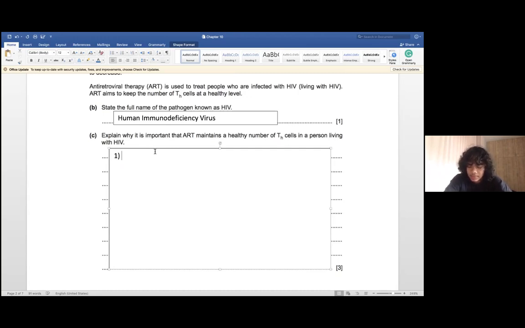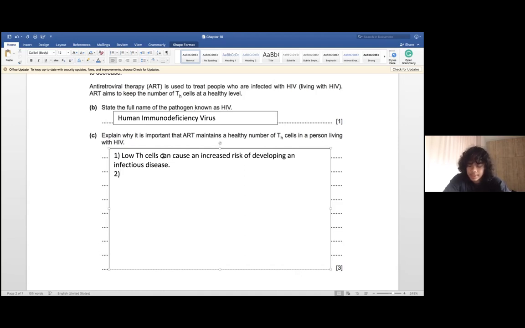According to the mark scheme, what you can say is if the T helper cell count is low, so low T helper cells can cause an increased risk of developing an infectious disease.